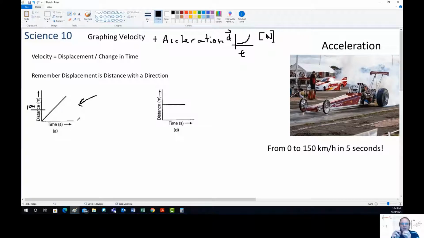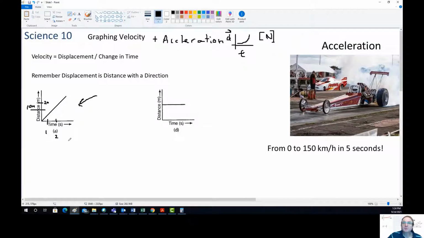So say 10 meters for every 1 second, right? 2 seconds, so we're going to have 20. It's such a neat graph we're doing here. But ultimately, it's a nice constant speed. It's a straight line.